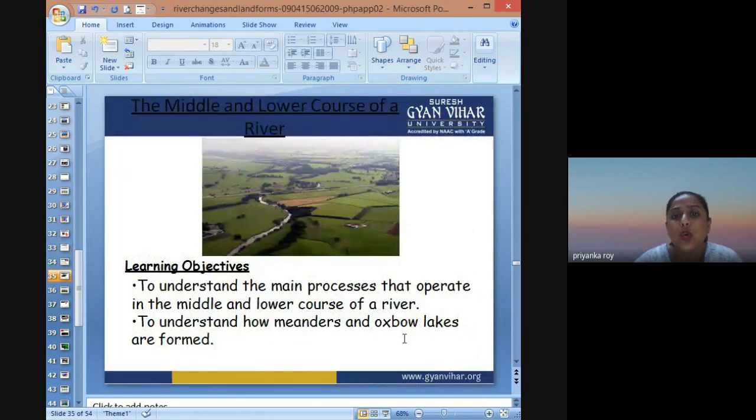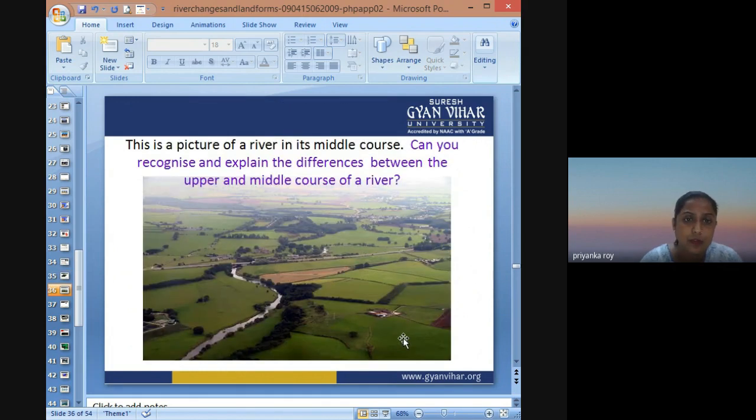For the middle and the lower course of the river, basically we will need to understand the processes in the middle and lower course of a river to understand how meander and Oxbow Lake are formed. Right now, this is a picture showing a river in the middle course.